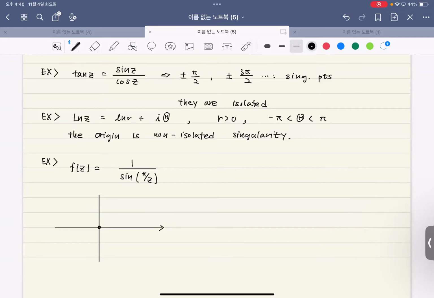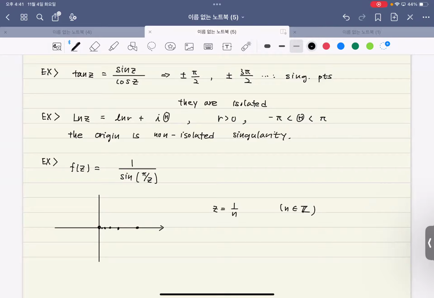Also, if z equals 1 over n, where n is an integer, then my denominator is sine of n times pi, so the denominator equals 0. Therefore it is a singular point. So they are all singular points.